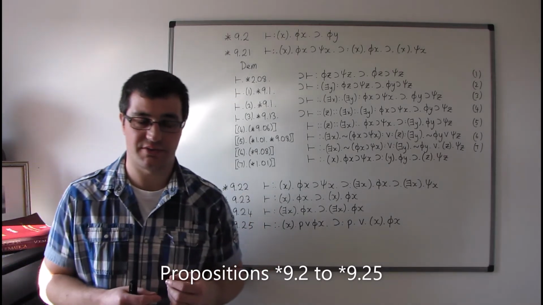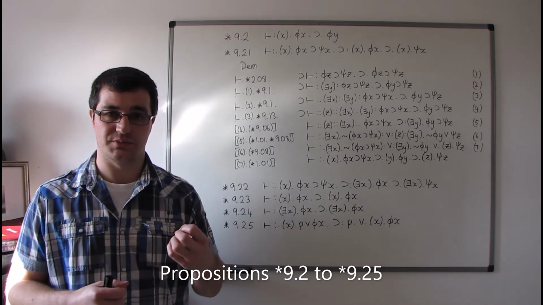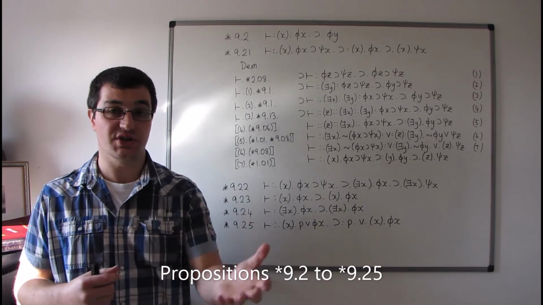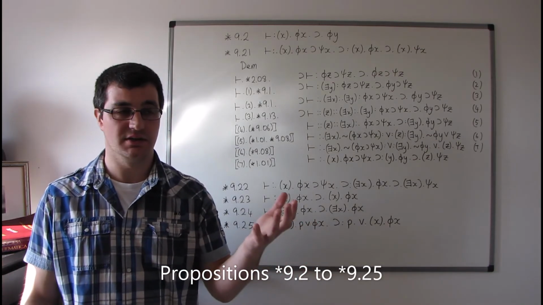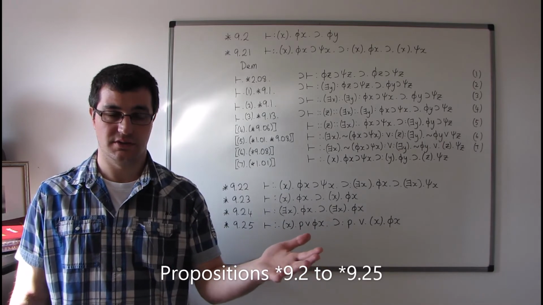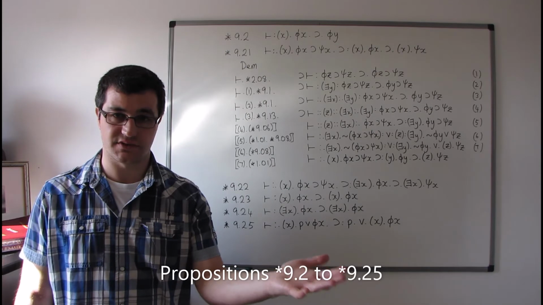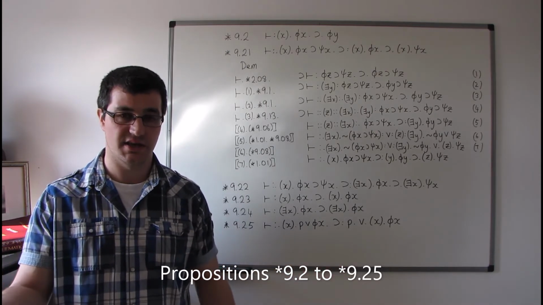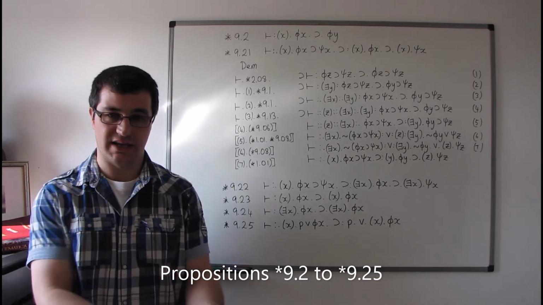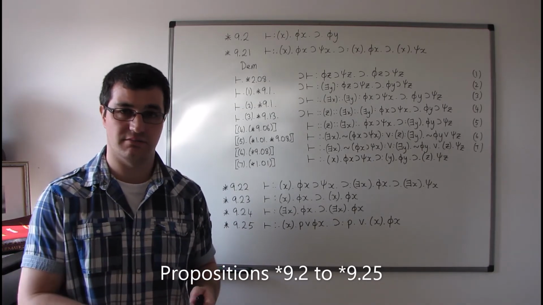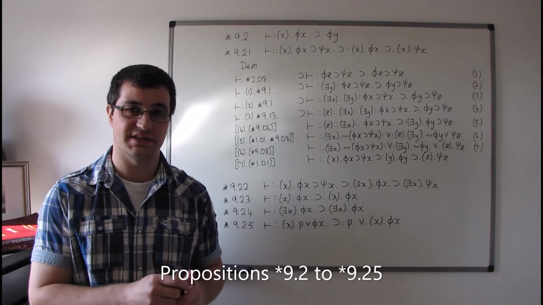So we've already seen with primitive proposition 9.1 how if we want to assert the existence of something, we have to give a particular instance of it. This seems fairly obvious. If I can give a particular instance of something, then I can assert its existence. It is obvious outside of our system, but within our system we need to make sure that that principle is there, it's accounted for. We can actually do that within our system.